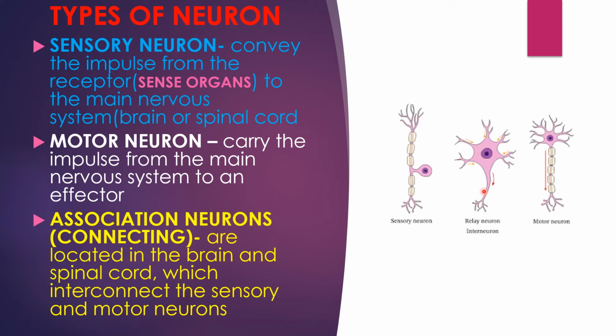Different terms are there, interneuron, or we can say relay neuron, etc. That is association neuron. We can say this will interconnect sensory neuron and motor neuron.